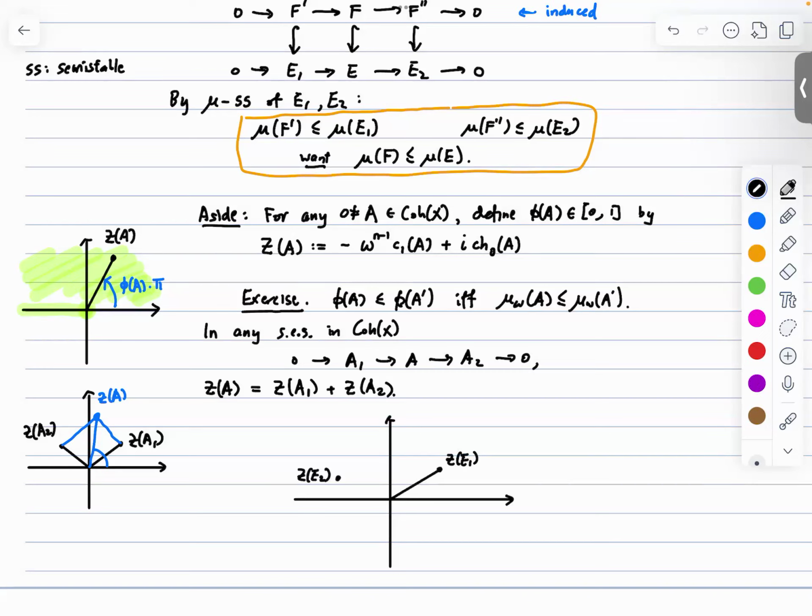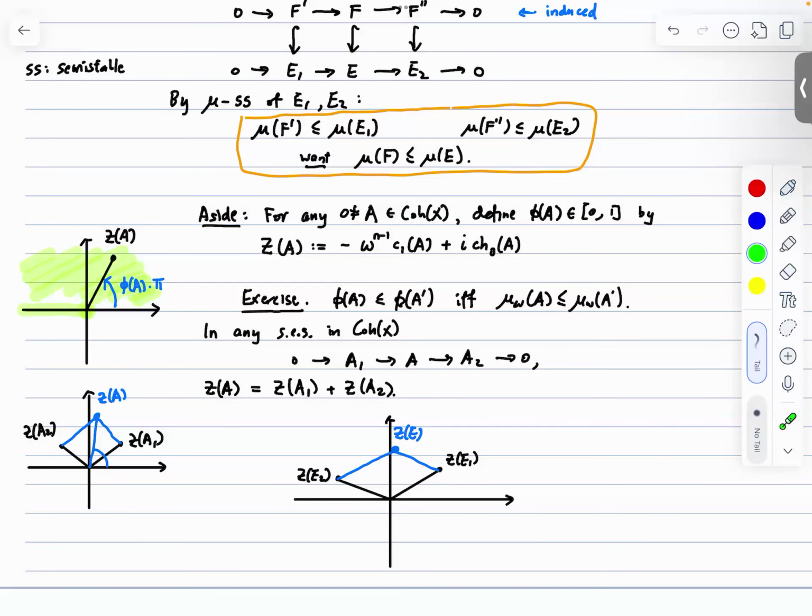So here are the line segments connecting them to the origin. So Z of E, which is the sum of these two vectors, I need to add these two vectors geometrically. So let's say it's this plus this. So here's Z of E.